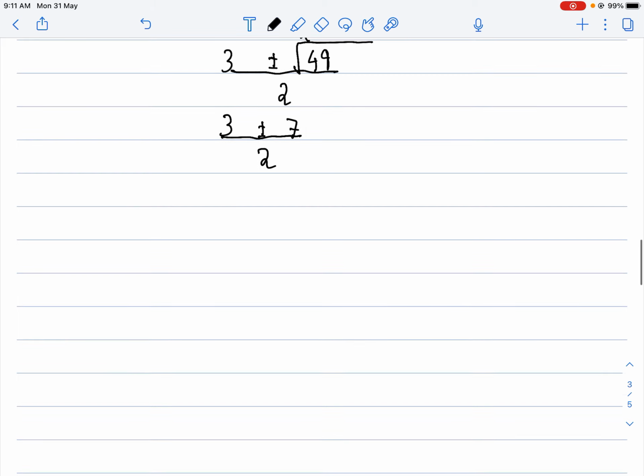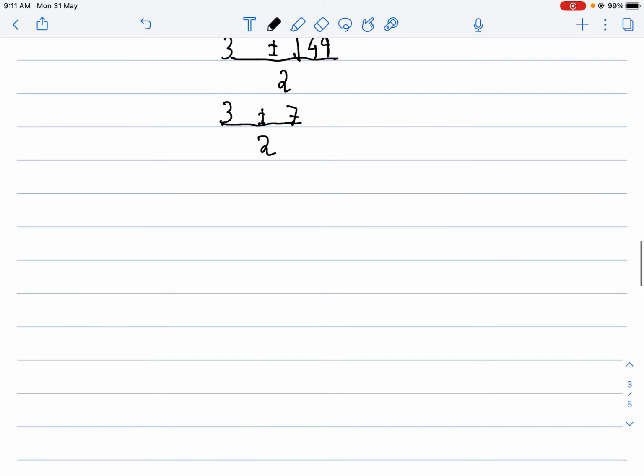So now I know this is z and I know z is b square. So I can say that b square is equal to 3 plus 7 over 2, or b square is equal to 3 minus 7 over 2.